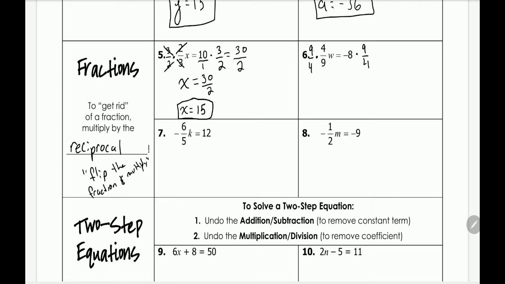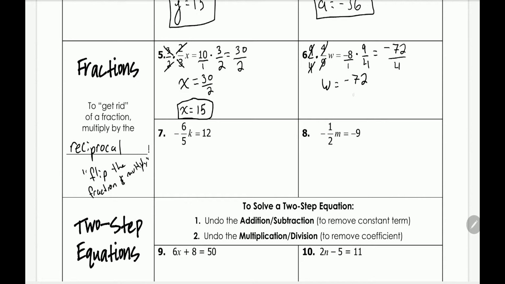Alright, 9 on top, 9 on bottom, they cancel. 4 on top, 4 on bottom, they cancel, leaving us with just w is equal to, well, we have to do this again. So we have negative 8 multiplied by 9. That gives us a negative 72 divided by 1 times 4, which is 4.